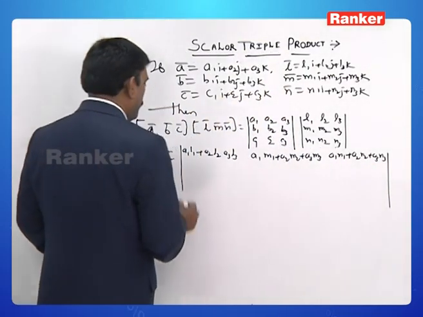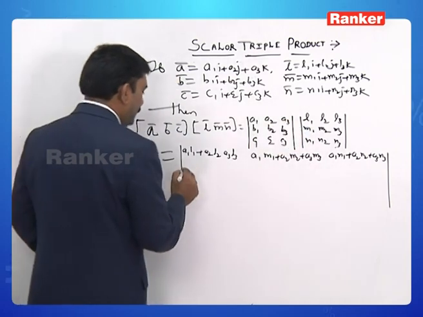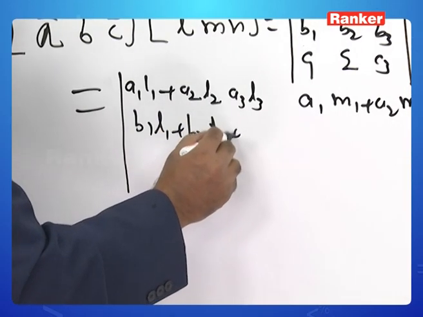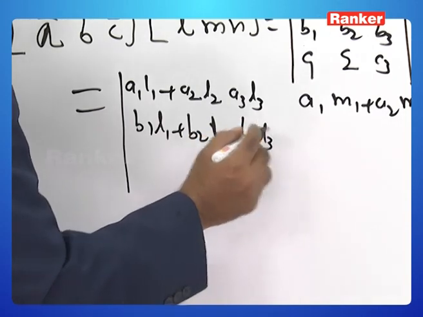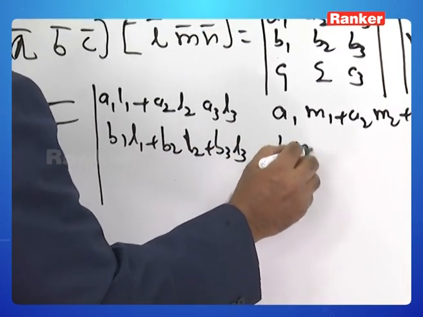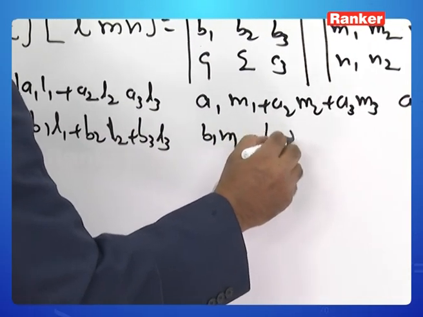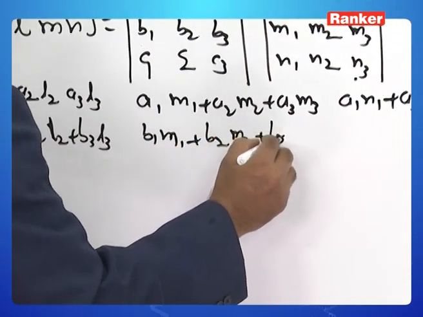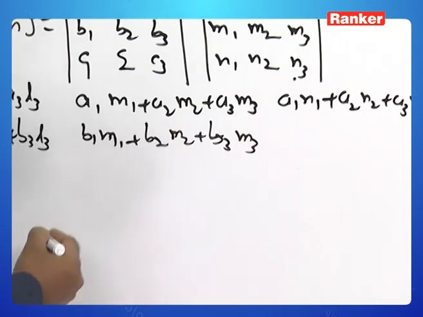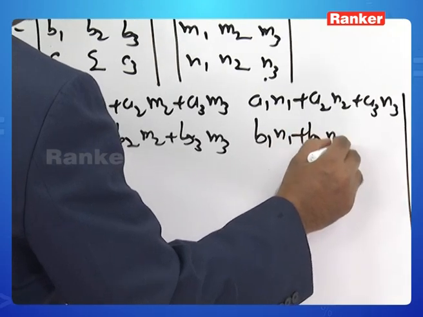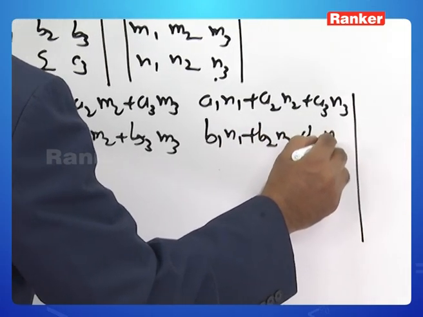Now second row with first row: B1 L1, B2 L2, B3 L3, then B1 M1, B2 M2, B3 M3, then B1 N1, B2 N2, B3 N3.